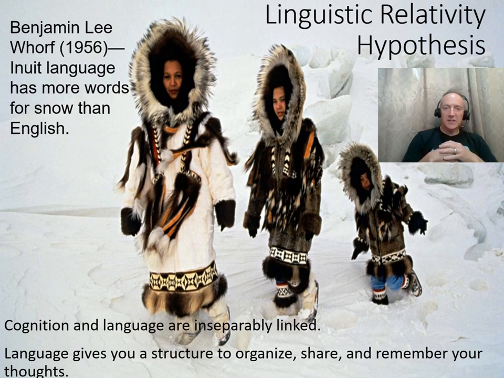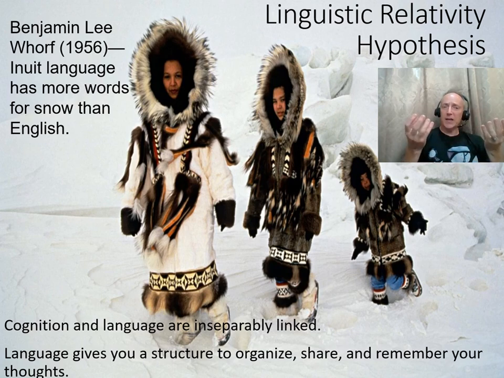So the classic example is the Inuit language, those folks the natives, First Nation people who live like in Northwest Canada and Alaska area that we used to refer to inappropriately as Eskimos.